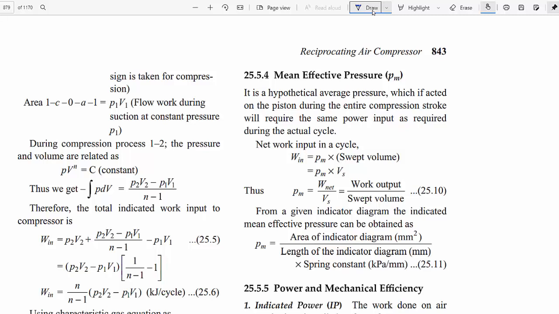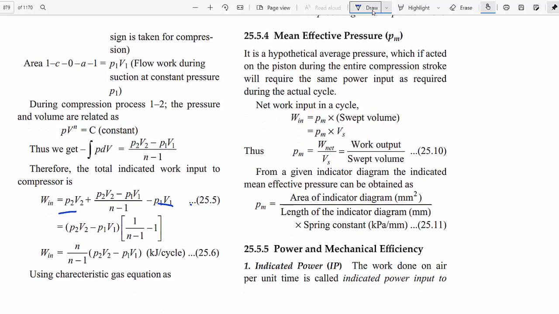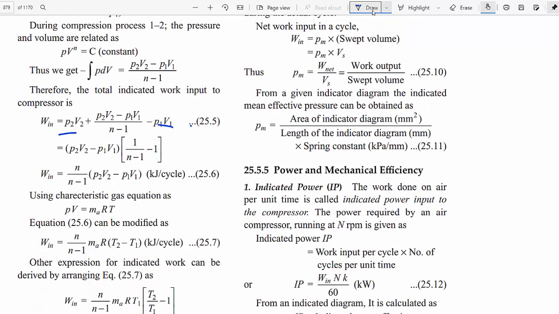from the PV diagram. Then P2 V2 minus P1 V1. Combine these two parameters, P2 V2 minus P1 V1, then 1 by n minus 1 minus 1 we get. Then W input equal to n by n minus 1. Add these two terms, which is 1 by n minus 1 minus 1.